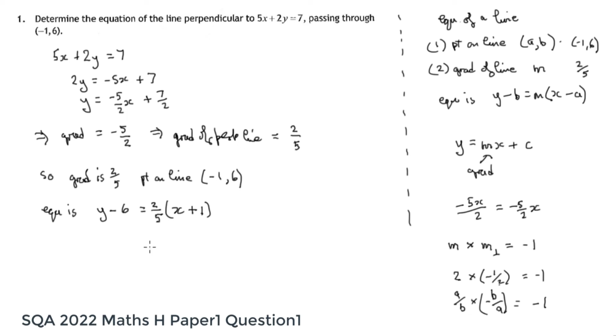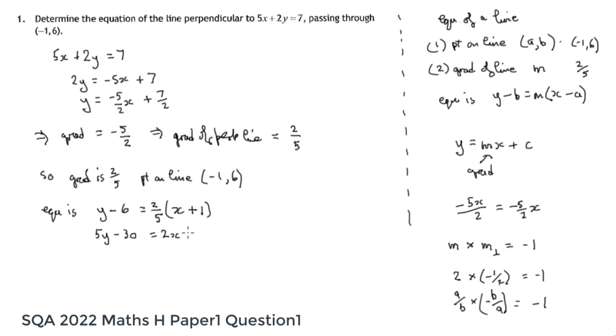Now let's tidy this up. Multiply both sides by 5 to get rid of this divide by 5. We'll get 5y minus 30. Multiplying this side by 5, we'll get rid of that divide by 5, and we're left with a 2 outside this bracket, which we can then multiply out.